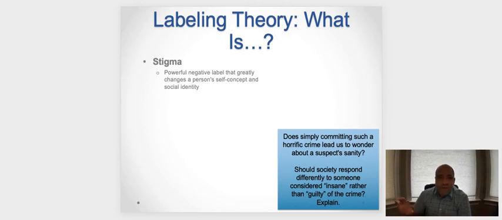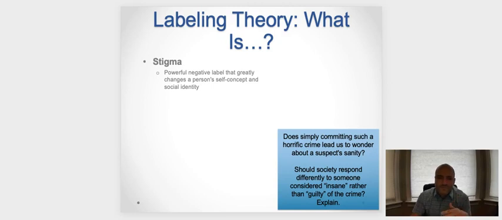Now, importantly, this isn't attached to that actor specifically, because nobody knows who that guy is, just like the woman in the video. Nobody knows who she is, right? They just know that she's a woman and he's a black guy. And because of that, those stigmas become attached to those groups. So the stigma is not attached to the person, it's attached to the groups that the person belongs to.